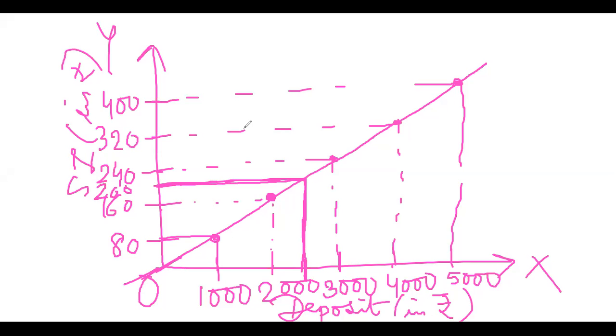It will be 200. तो इसका मतलब अगर 2500 का डिपॉजिट है तो इंटरेस्ट हो जाएगा 200, राइट.